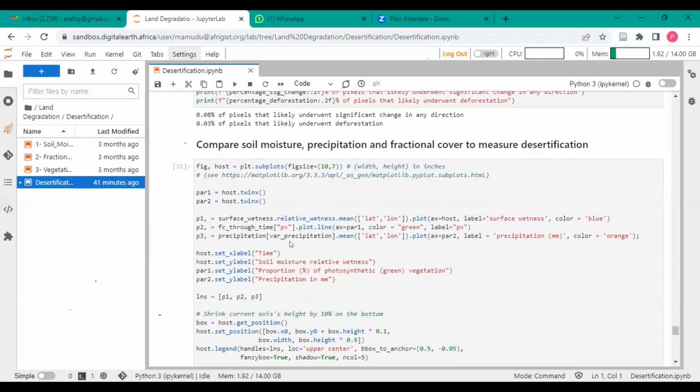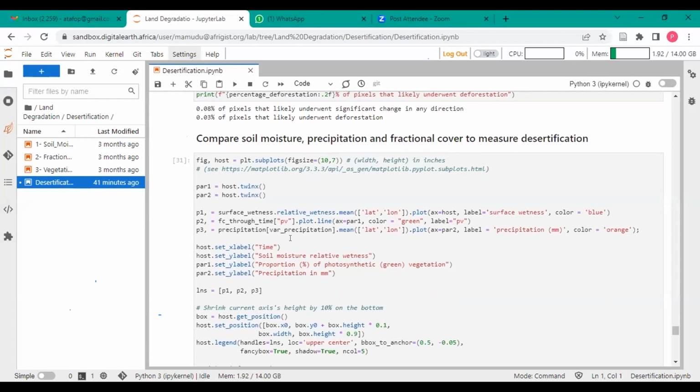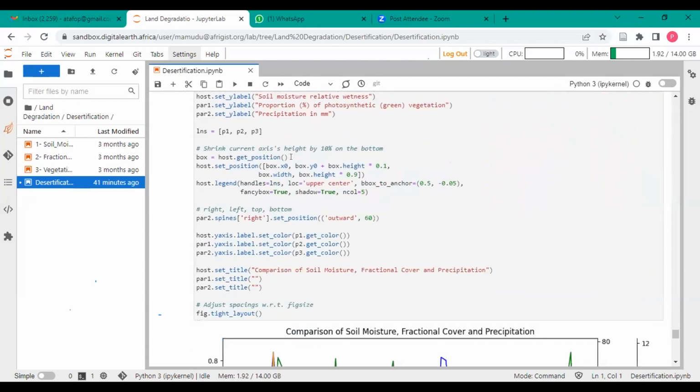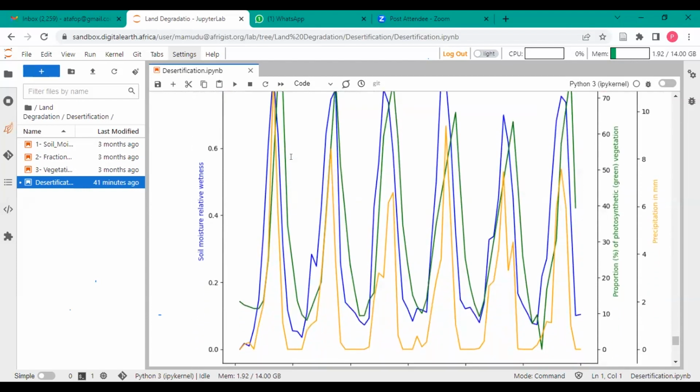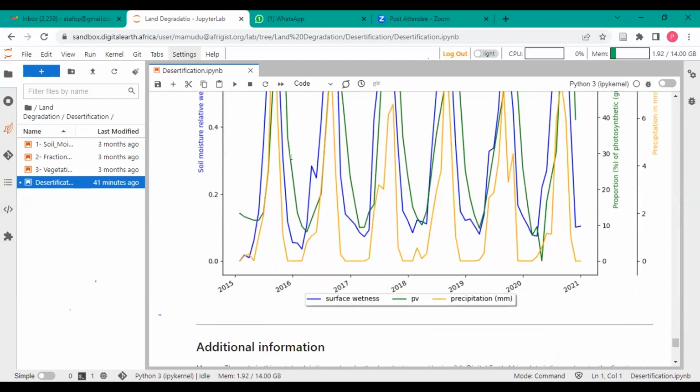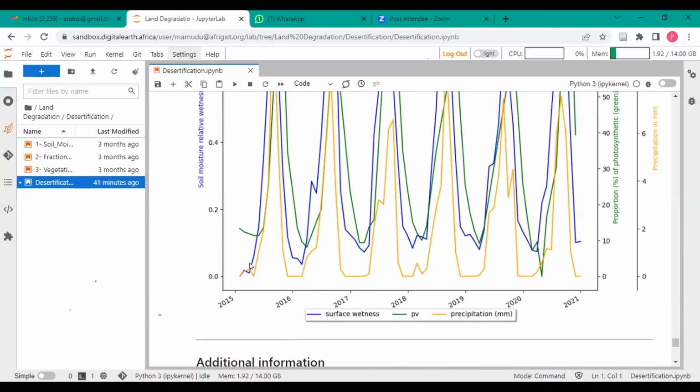And to further bring these notebooks together, we try to compare soil moisture, the precipitation, and the fractional cover together using these codes. And here became our results, where we're able to see the surface wetness given as blue, the photosynthetic vegetation, green vegetation, given as green, and the precipitation given as brown.